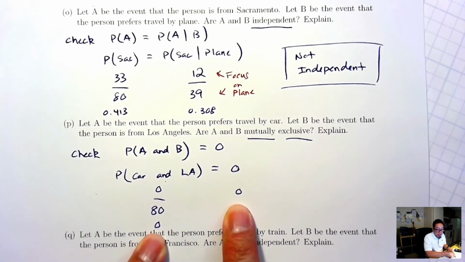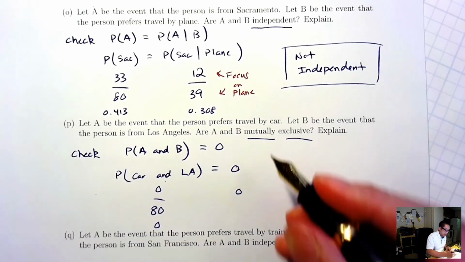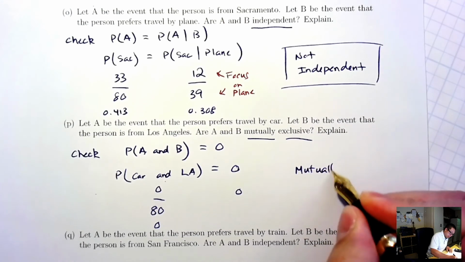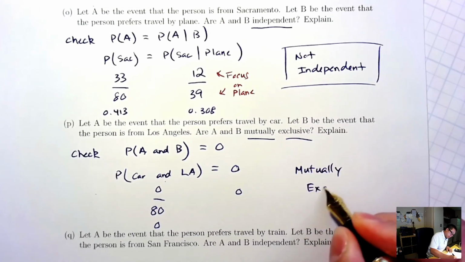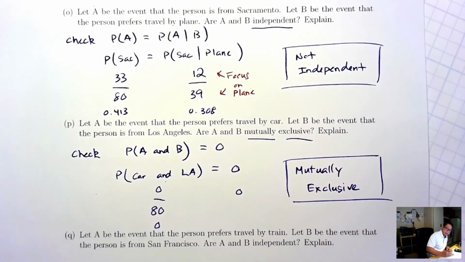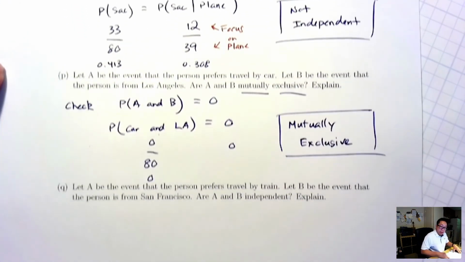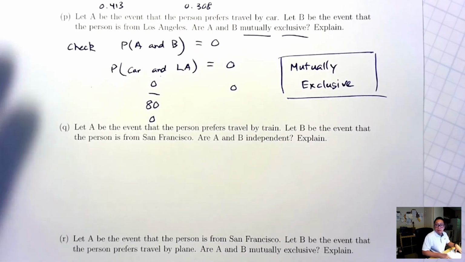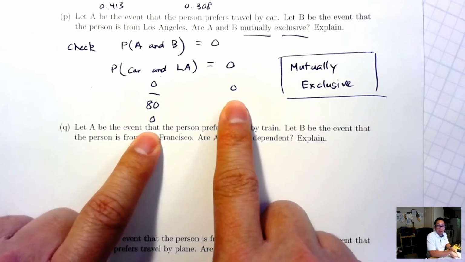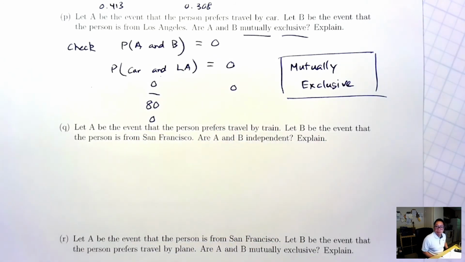They are equal. So your conclusion, they are mutually exclusive. Okay, if they're equal to each other, it's mutually exclusive. If they're not equal to each other, it's not mutually exclusive.